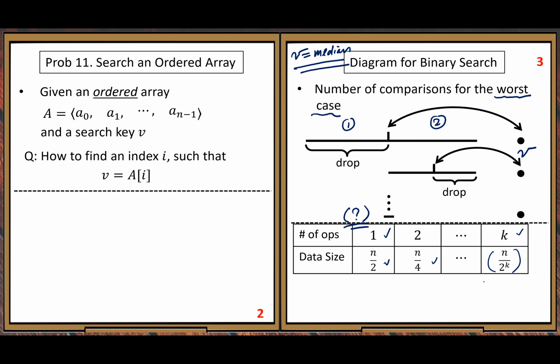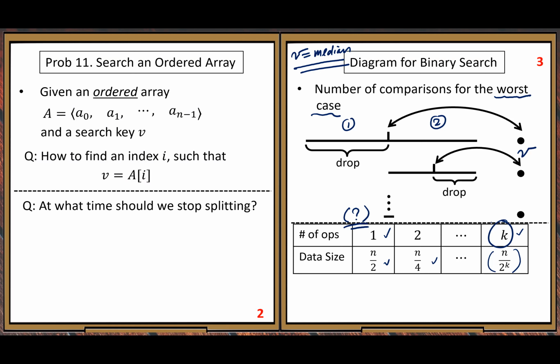Now we'd like to figure out this k and see for what k we reach the end point, the last comparison. That number is important. We need to figure it out.